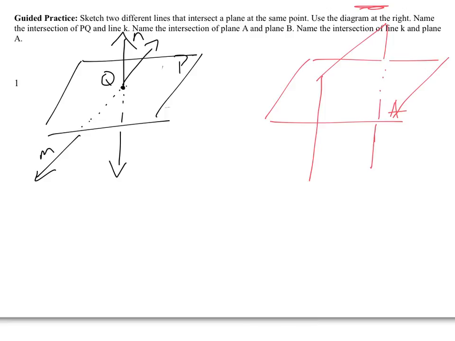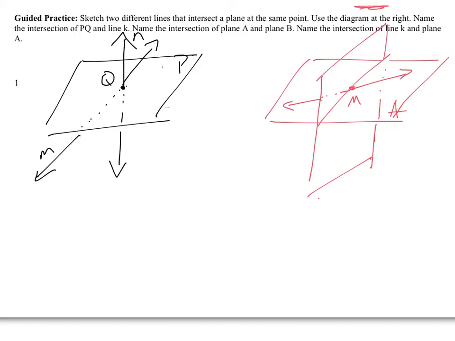So this point. And then I'm going to connect this because this is where those two planes intersect. At this middle point, I'm going to have point M. And at that point, I'm going to have a line that comes out and then goes behind.